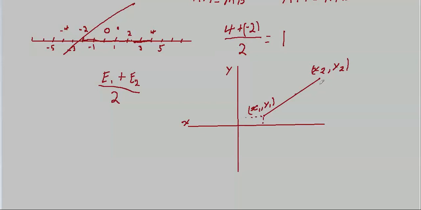Same thing here. x2. That's the coordinate down here. I could label these x1 and x2. And over here, what do we have? Well, this is y2, and this is y1.